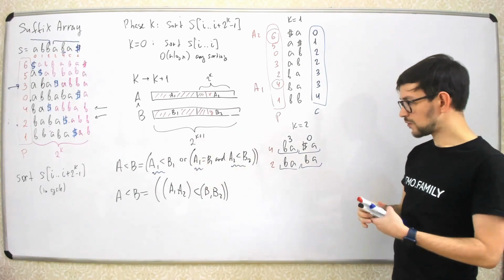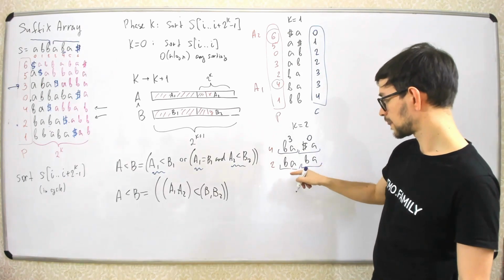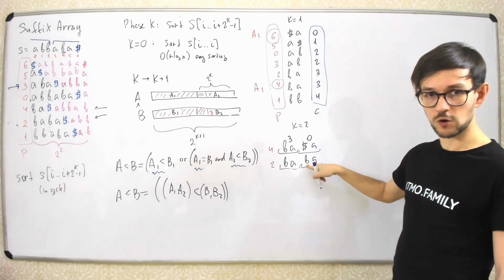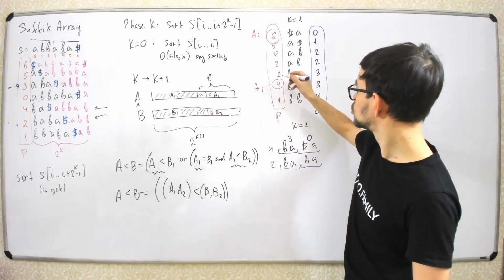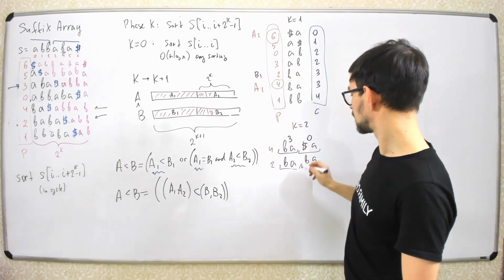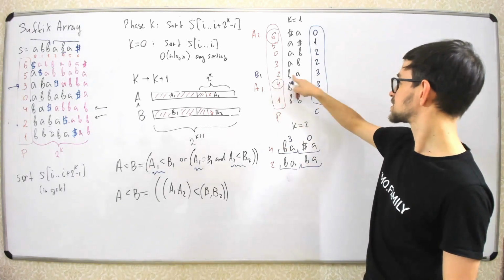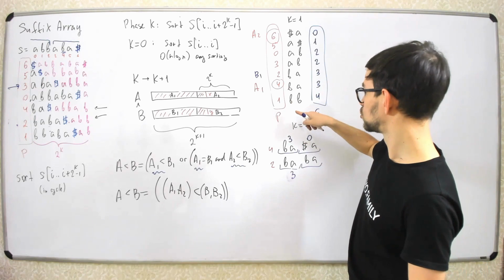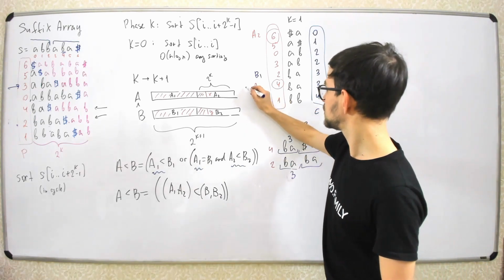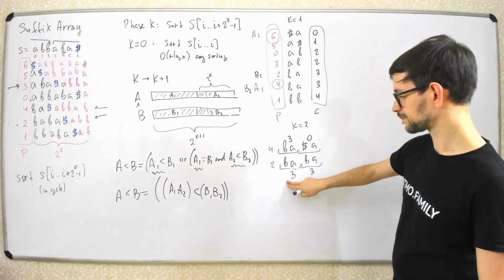And now in the same way we will find the positions of these two strings. So this string has position 2, so this string must have position 4. So this string is 2, it's here. It has class 3, and the second half is in position 4, so it's here, and it's also 3.